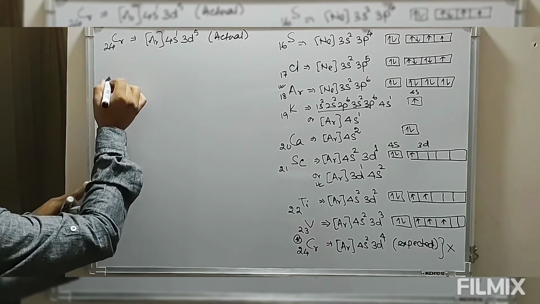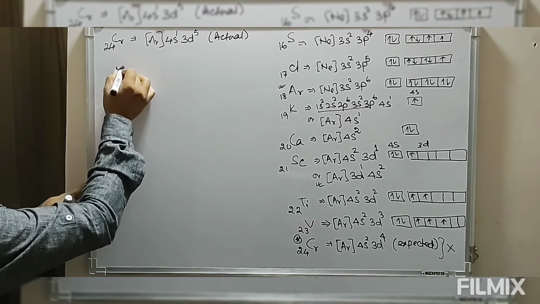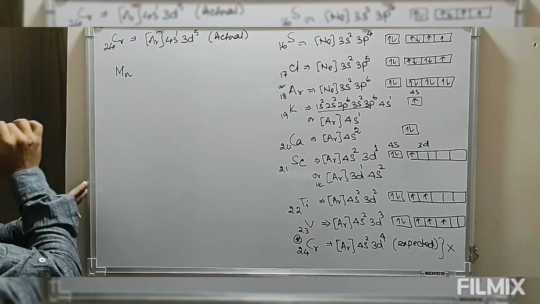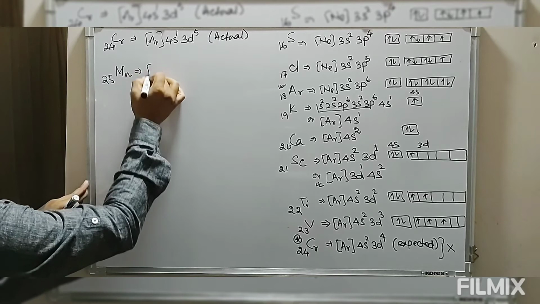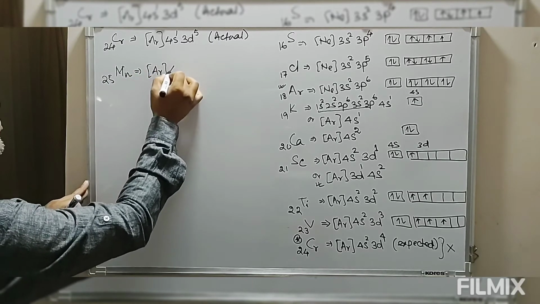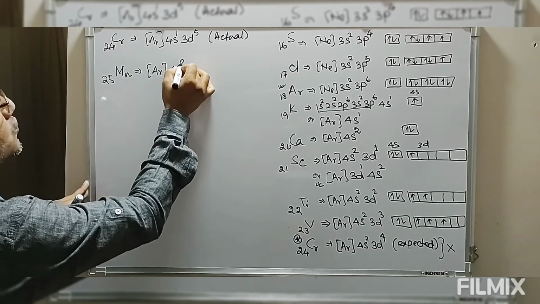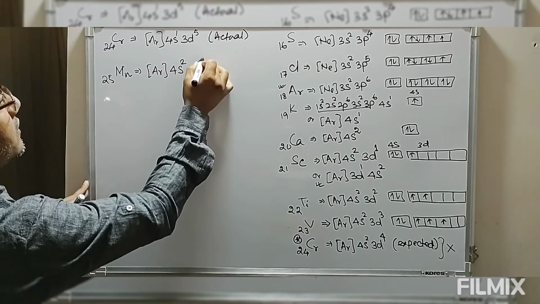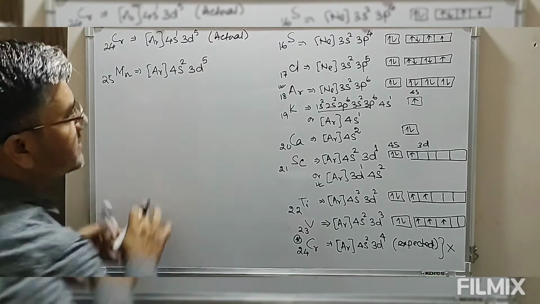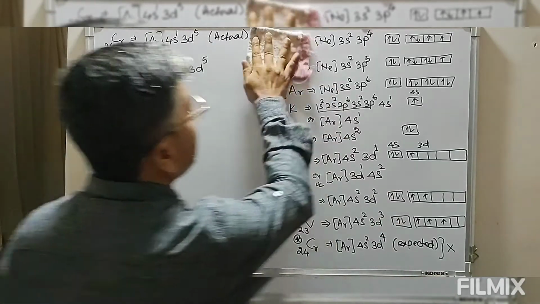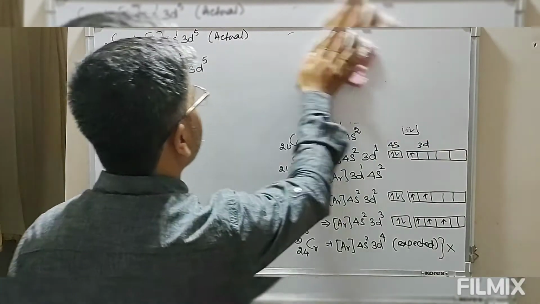Then we have manganese, atomic number 25. We have argon 4s2 3d5. In this, the d orbitals are exactly half filled.